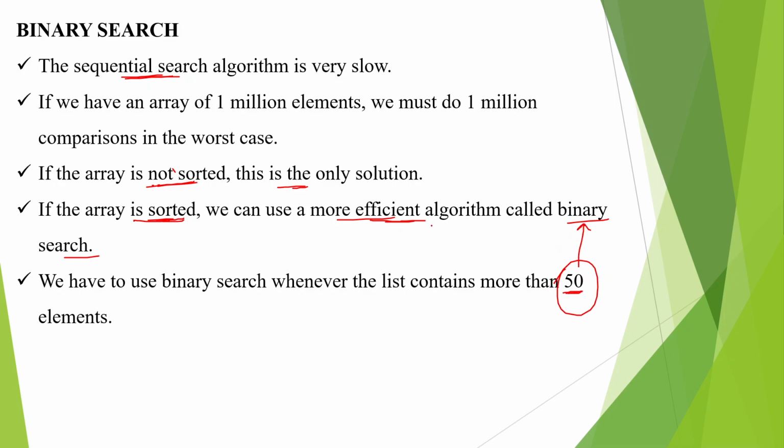As simple as it is, because we have many problems in sequential search: whenever the size of the list is very large, we unwantedly perform unnecessary comparisons just to confirm that the item is not present in the list in the worst case scenario. And we also said that if the list is not sorted, then this is the only option. But if the list is sorted, we can go for a more efficient technique called binary search.